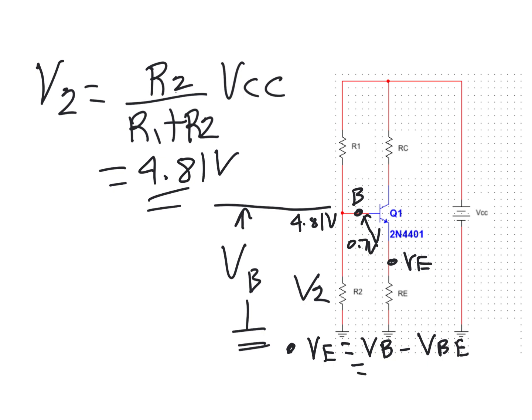So we have 4.81 minus 0.7 equals 4.11 volts. Just running out of room. That's right there.